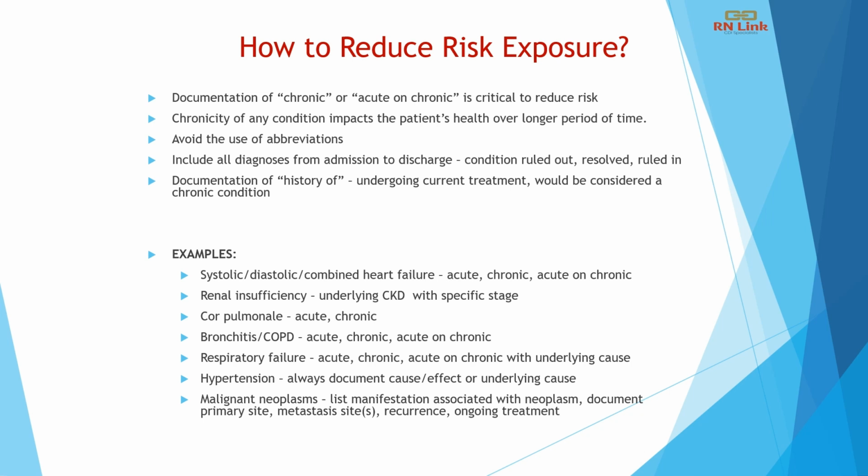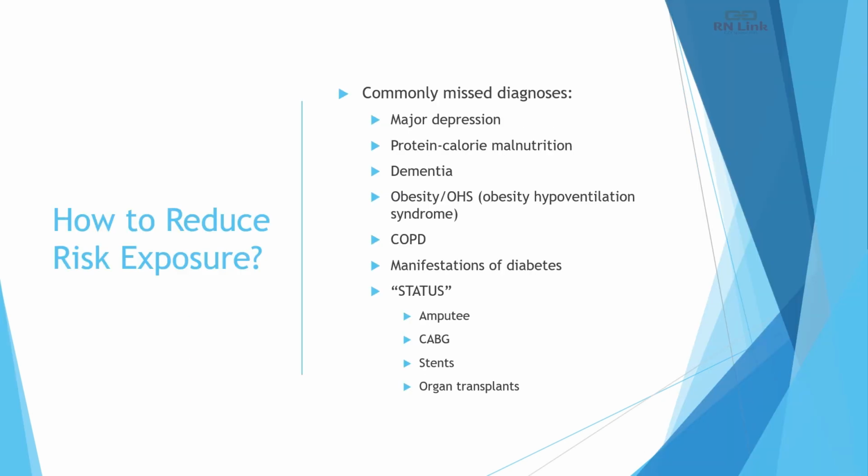Respiratory failure, acute, chronic, acute on chronic with underlying cause. Hypertension, always document cause/effect or underlying cause. Malignant neoplasms, list manifestation associated with neoplasm, document primary site, metastasis sites, recurrence, ongoing treatment.